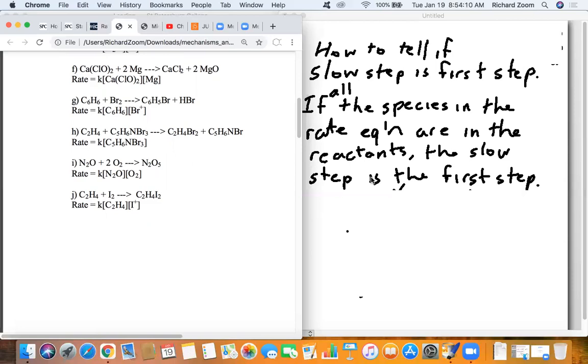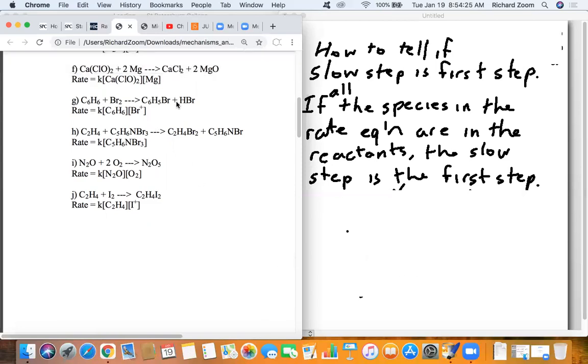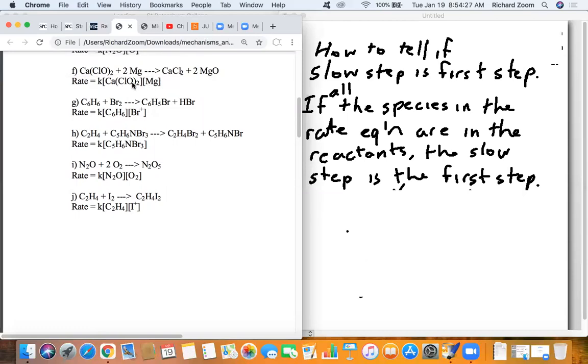Okay, another few seconds here. Is the slow step the first step? The answer is yes. So most of you got that right. So you're looking here, CaClO2, yes, that is a reactant. Mg, that's a reactant, yes. See, everything is in the reactants, so nothing has to come from anywhere else. So the slow step is the first step.